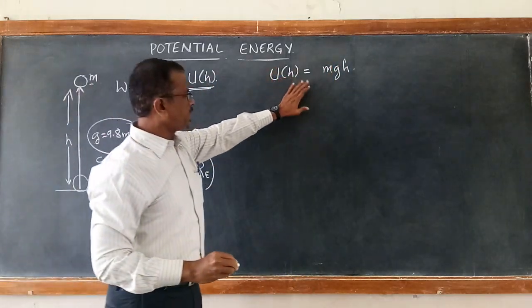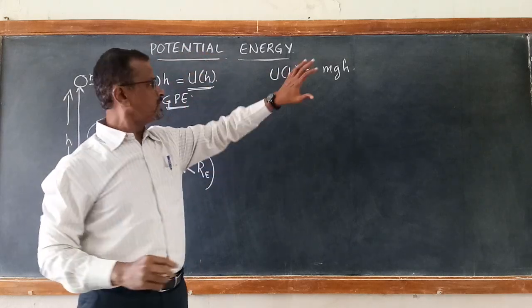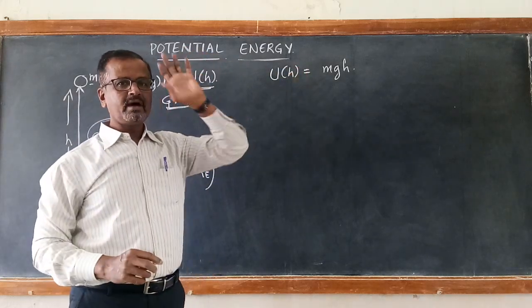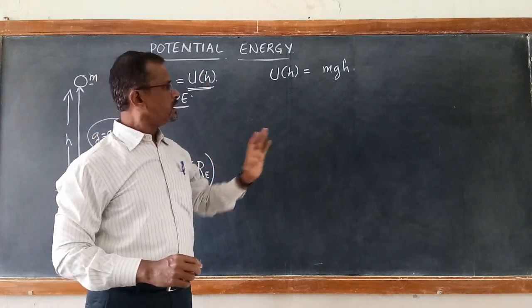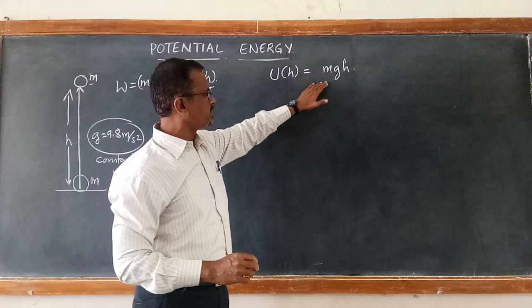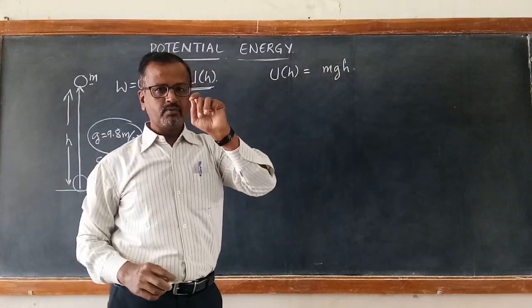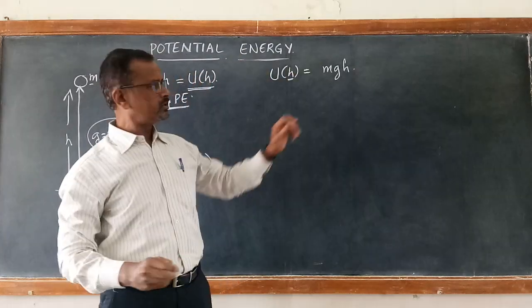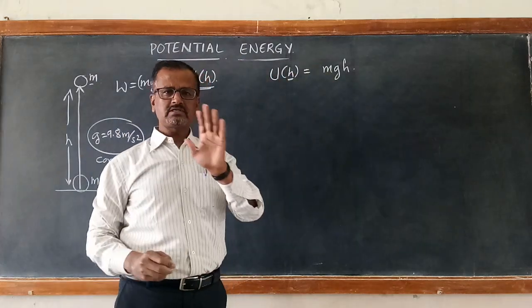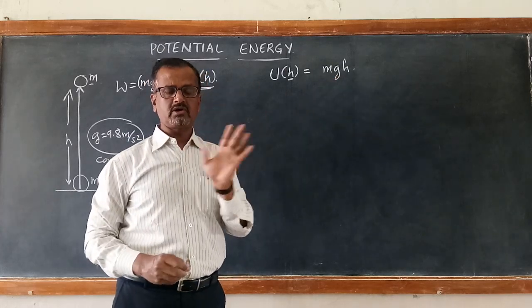Now I can obtain which is the conservative force involved in this by a procedure called differentiation. If I differentiate it with respect to the variable, what is the variable here? Only variable here is height. As I told you, mass of the body is constant, and g is assumed to be always constant.